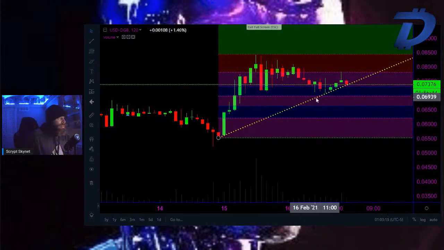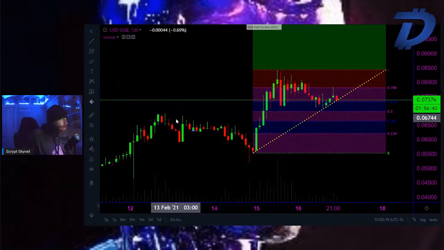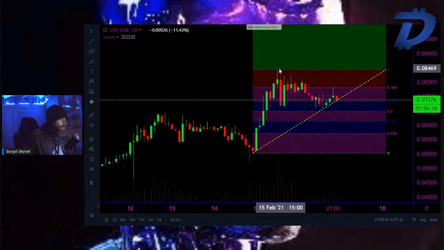And as you can see, from this low, when it broke out and made a higher high right here, we hit roughly the 8.5 cents at 0.084, and it retraced.